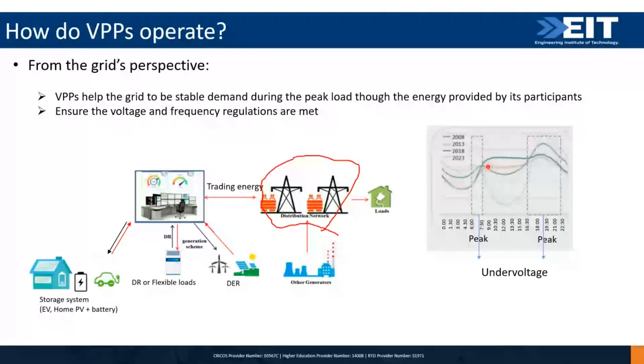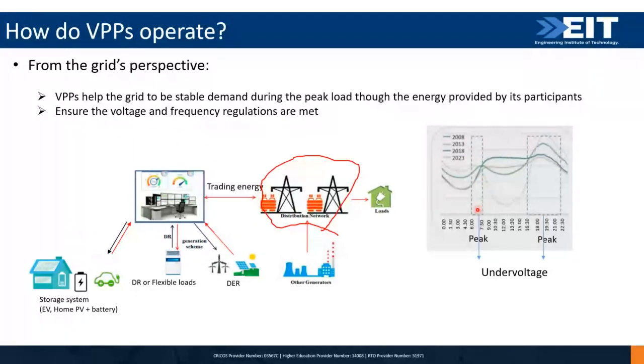For example, in the figure on the right side, you see the daily load curve in a test grid, or a test system. In this grid, in the years 2008, 2013, and 2018, on average, the grid faced two daily peak loads.